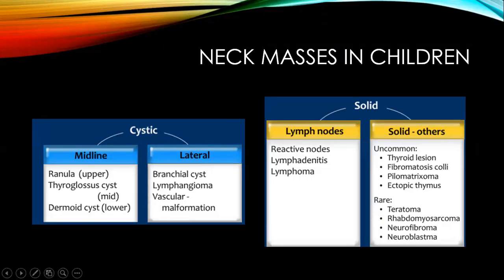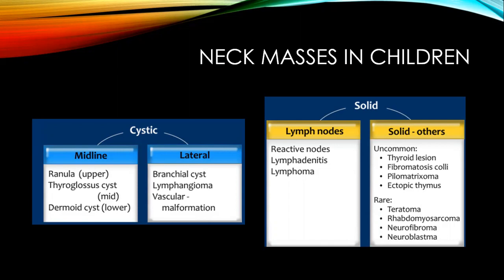Then on the solid lesions, we can have the lymph nodes, which can be either reactive lymph nodes, lymphadenitis, or lymphomas. Then we have other uncommon solid lesions like thyroid lesions. Then we also have fibromatosis colli. This is common in neonates, and literature believes that it is due to birth trauma. This is just proliferation of the fibrous tissue of the sternocleidomastoid muscle.